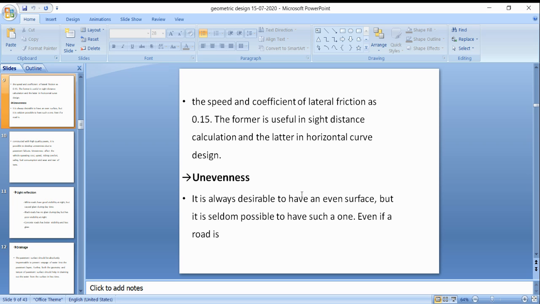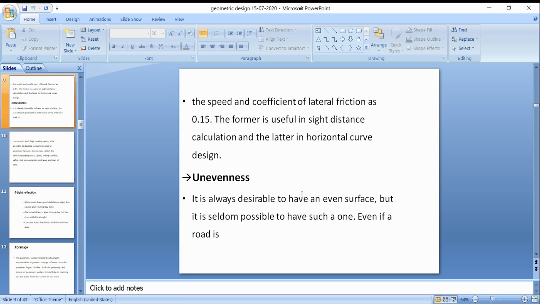Here we are talking about the stopping sight distance. Some formula is there which is coming in the next classes: 0.278 Vt plus V square by 254 (F plus or minus 0.01 N).